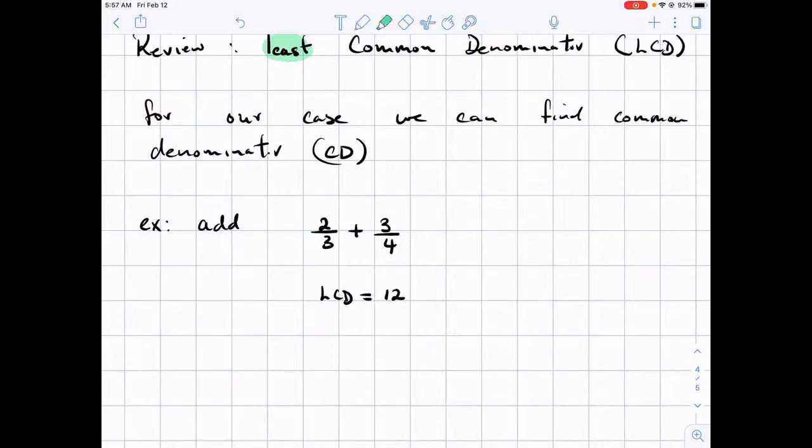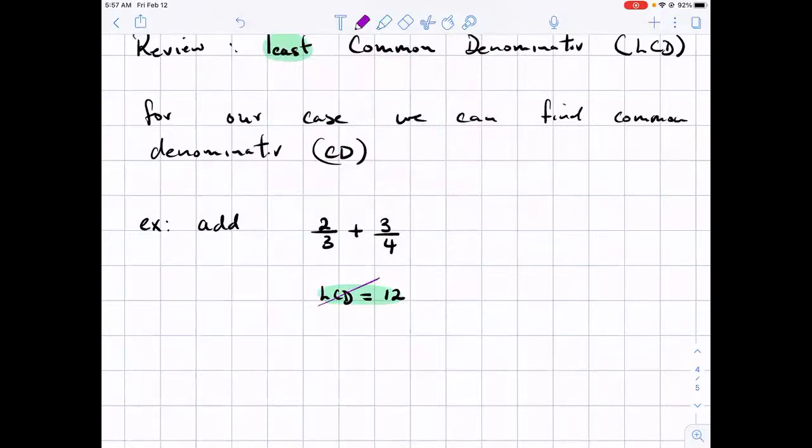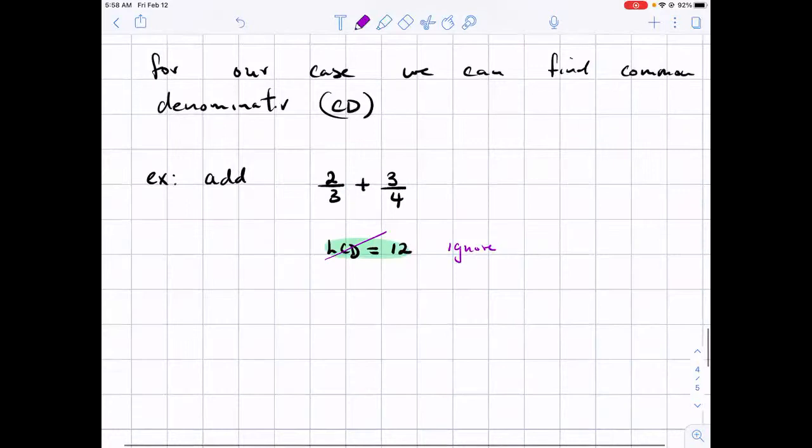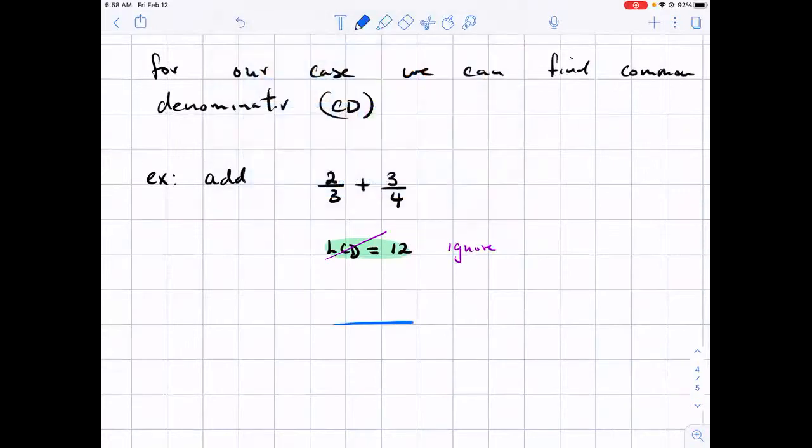Well, I don't really care so much for least common denominator is what I'm saying. What we can do is ignore this, and we can write the common denominator as 3 times 4.